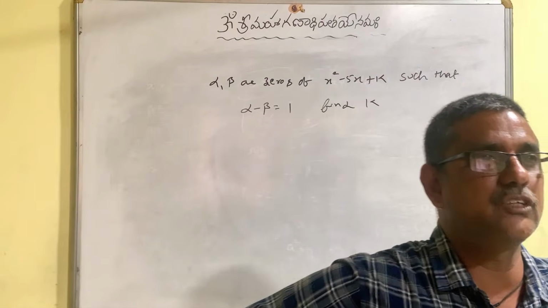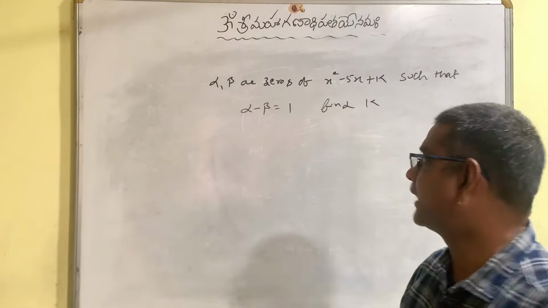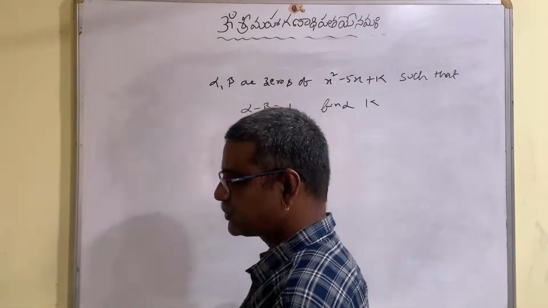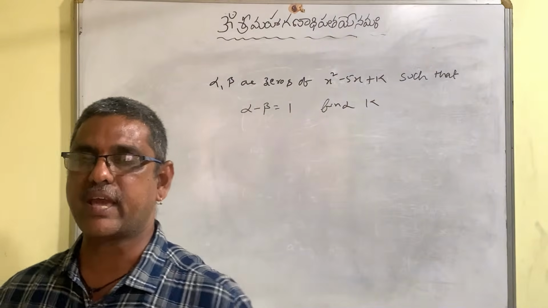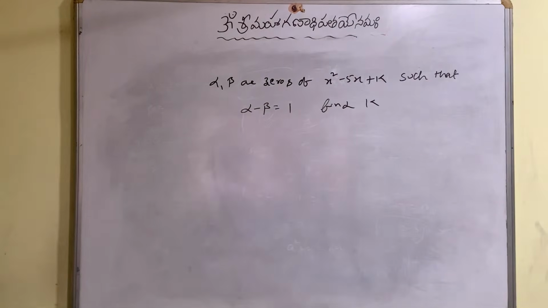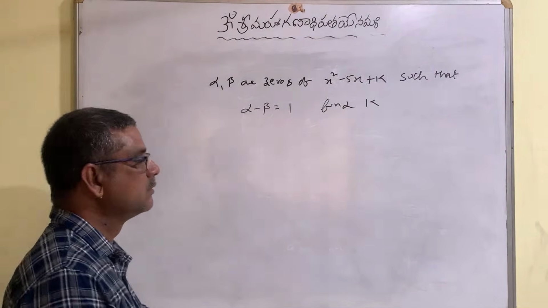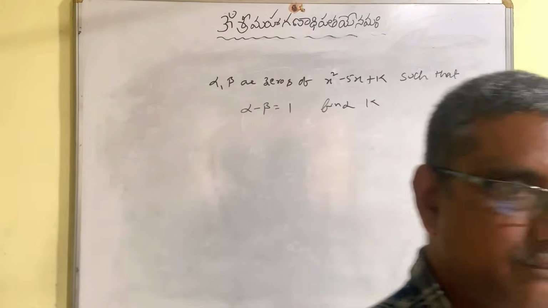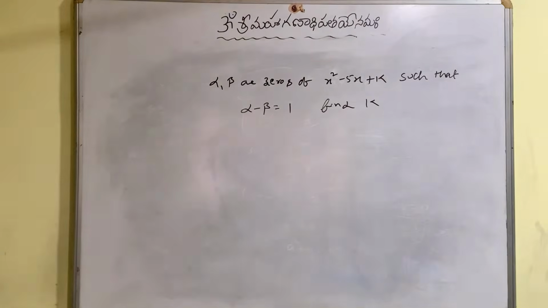Alpha, beta are the zeros of x square minus 5x plus k such that alpha minus beta is 1. Find the value of k. Any idea from your side?